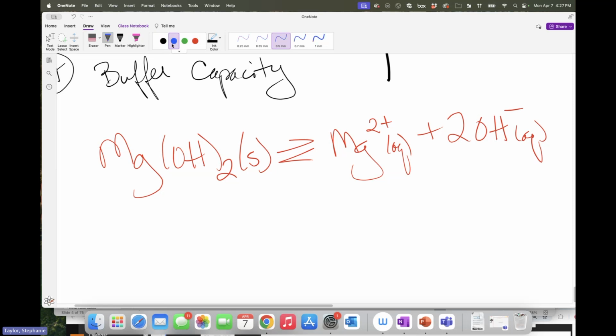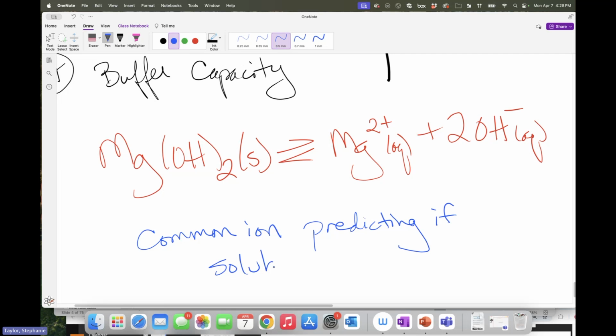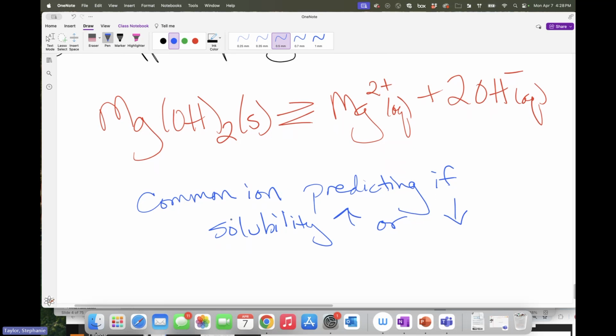But when we then talk about common ion, there's two basic things to talk about: general predictiveness, which is just predicting if solubility increases or decreases, and then common ion calculations.